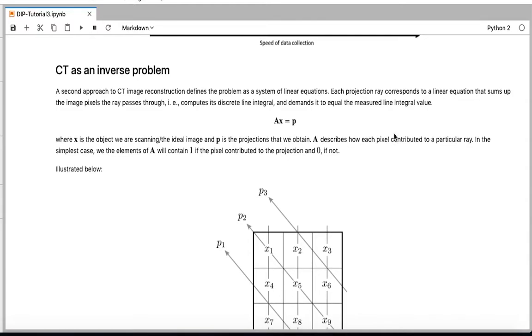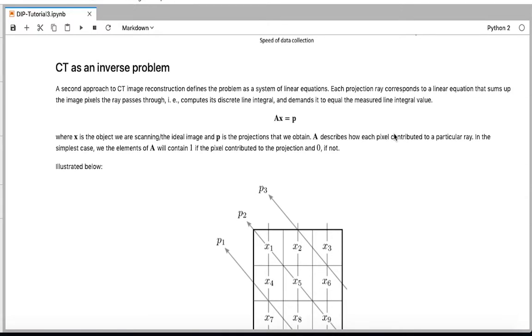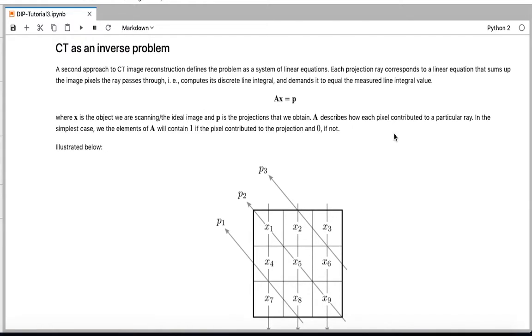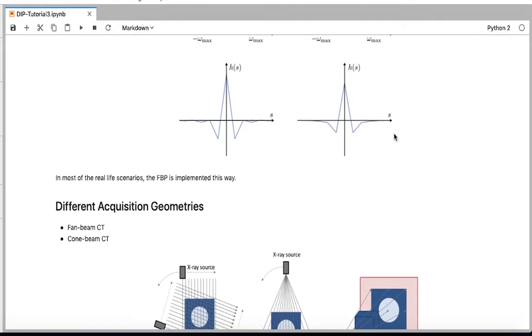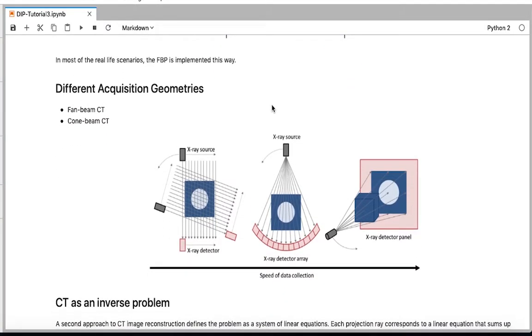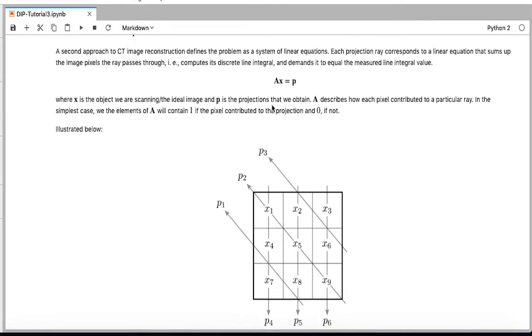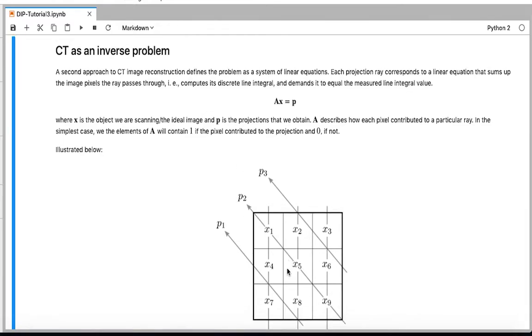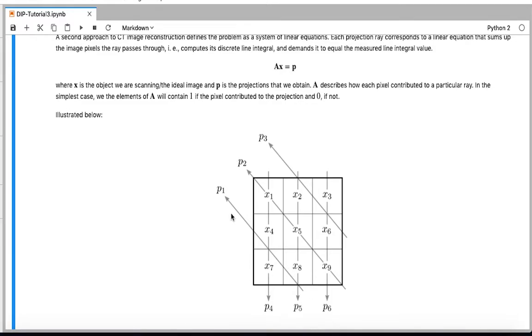So what I was telling before: previously, people didn't do this because inverse problems became more active in the 80s, and not in the 60s and 70s. People used to do it like this, and people still compare these results with them. But you can also consider CT as an inverse problem. I'll tell you what it means. X is our image, and when you're projecting, P is our scanning angle, right?